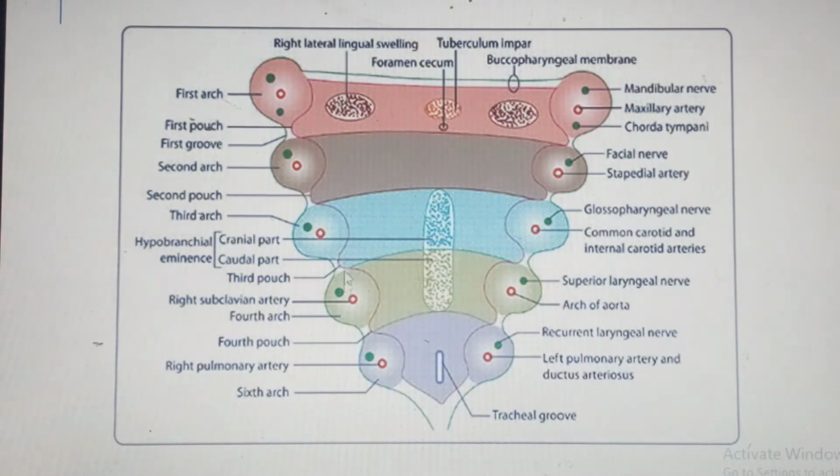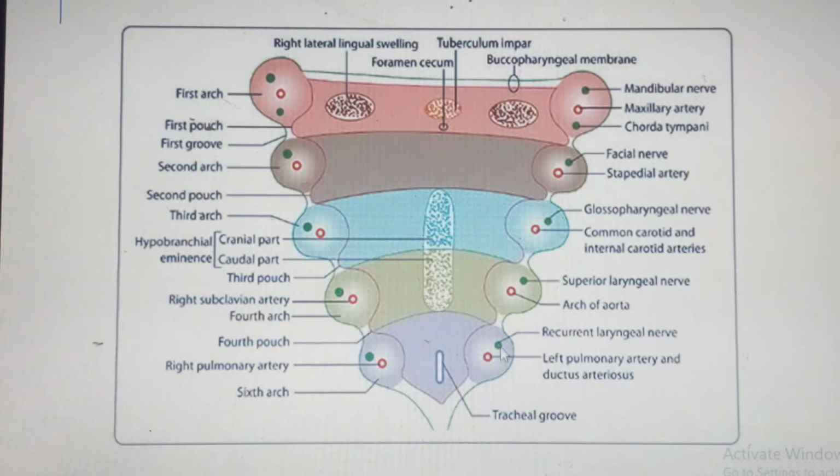Now for the first up to the third, there's no difference, but for the fourth, instead of both being supplied by the same artery, the left one is supplied by the arch of the aorta, while the right one is supplied by the right subclavian artery.